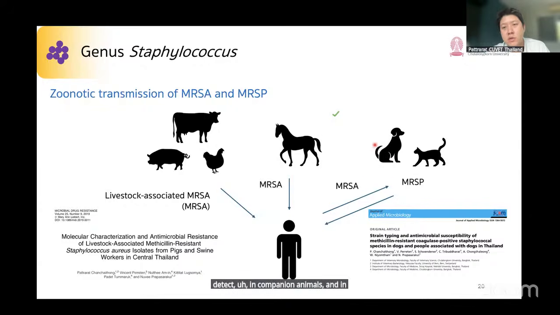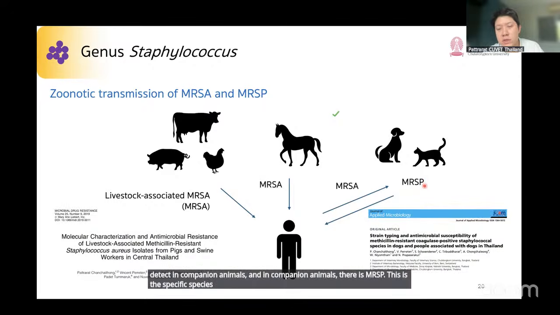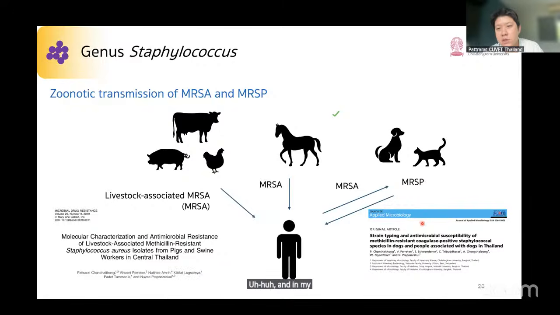And in companion animals, there is MRSP, which is the specific species pseudintermedius. In my PhD dissertation, I characterized the strains from dogs. That is identical to those found in dog owners and veterinarians. Okay, so this is an occupational risk for colonization of antimicrobial resistant bacteria.